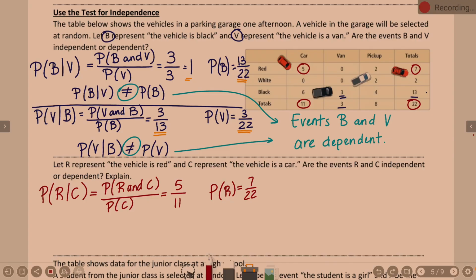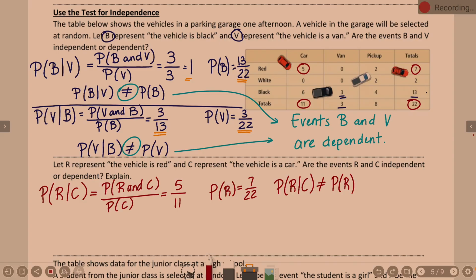Are 7 out of 22 and 5 out of 11 the same? No, they are not. So I'm going to make the statement that the probability of R given C does not equal the probability of R.